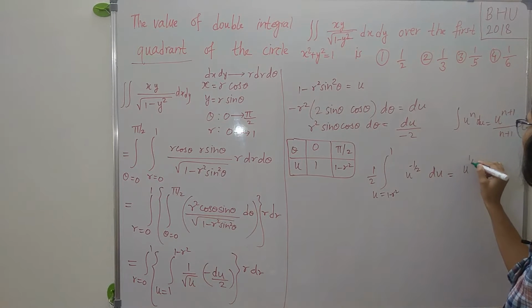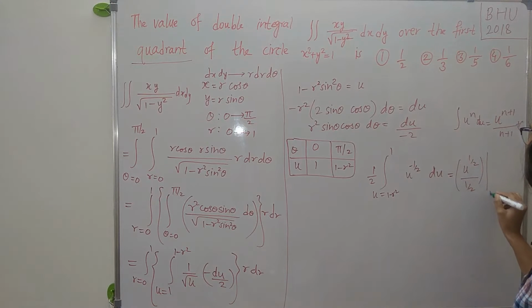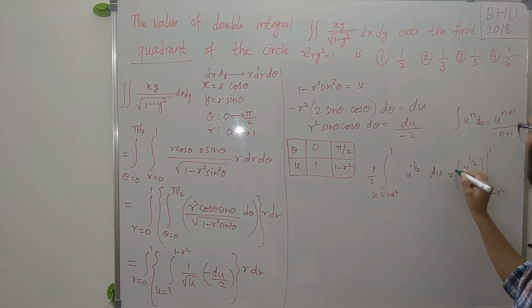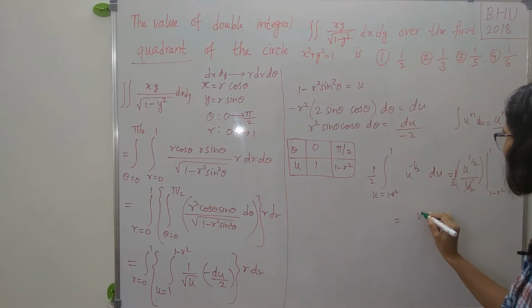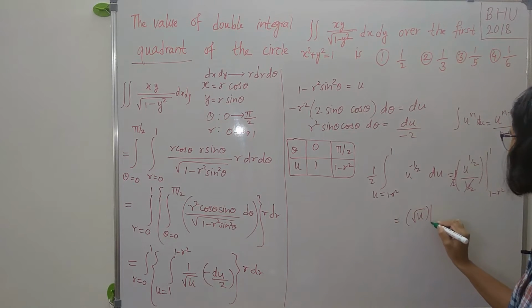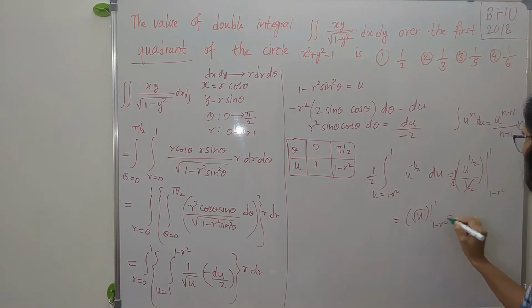This is just u raised to half divided by half, and the limits are from 1 minus r square to 1, and this 1 by 2 as it is. Now this 1 by 2 will get cancelled with this 1 by 2, and this is just the same as square root of u, from 1 minus r square to 1. So this is just square root 1 minus square root of 1 minus r square, right?